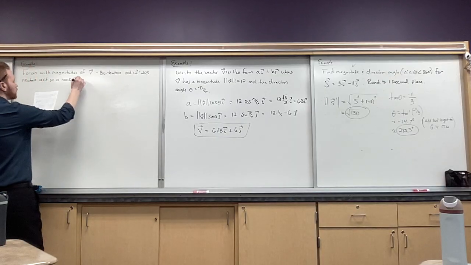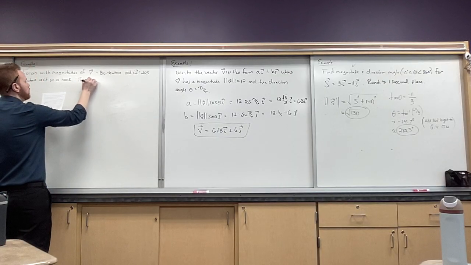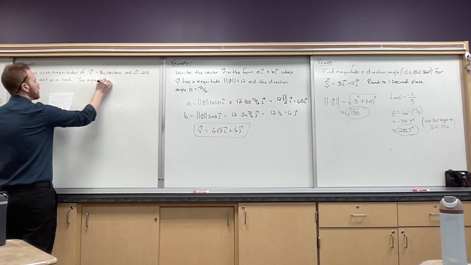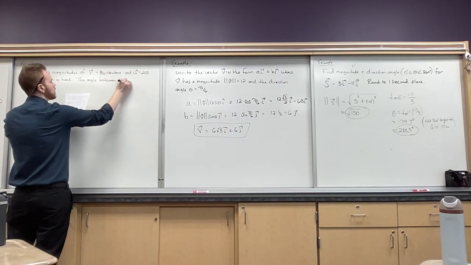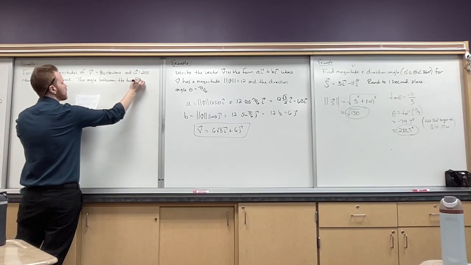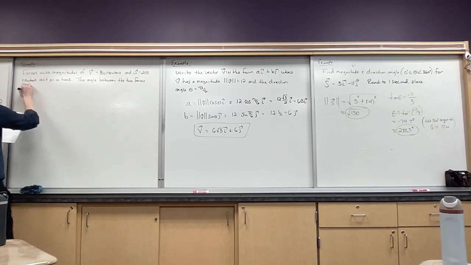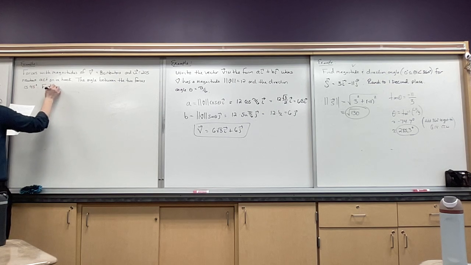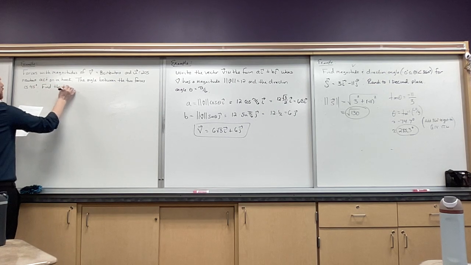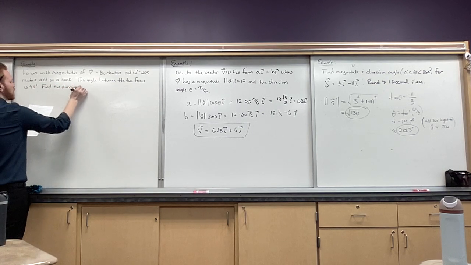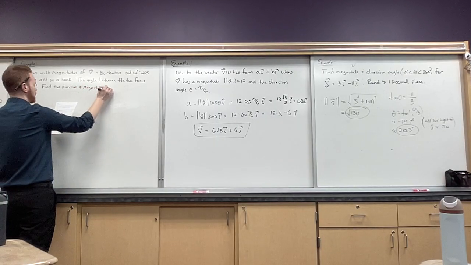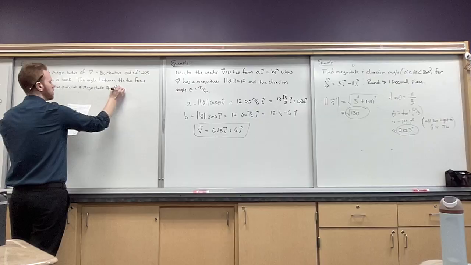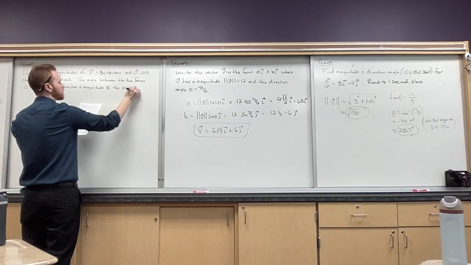Okay? Now, the angle between the 2 forces is 45 degrees. Our job is we want to find the direction and magnitude of what's called the resultant force.